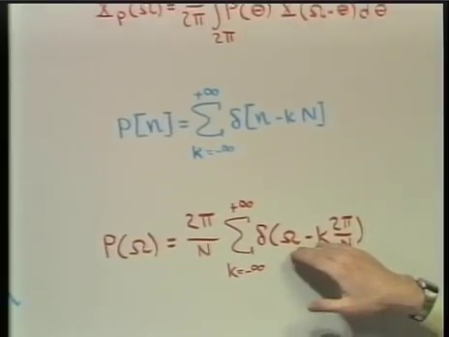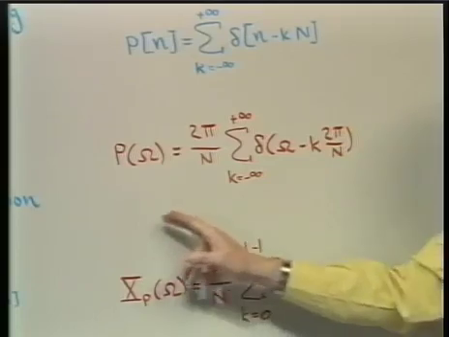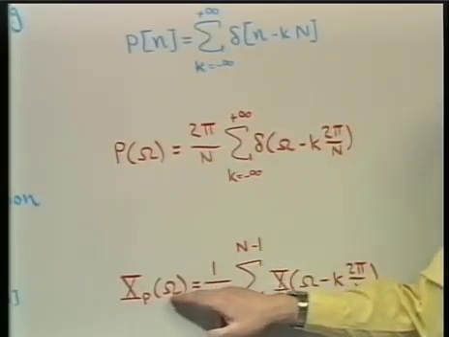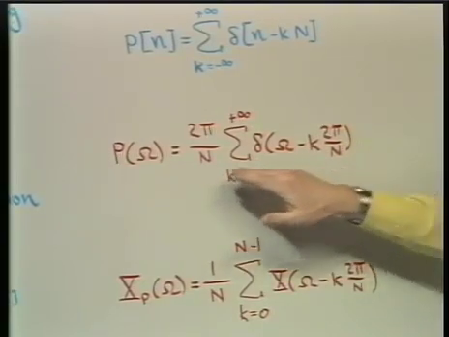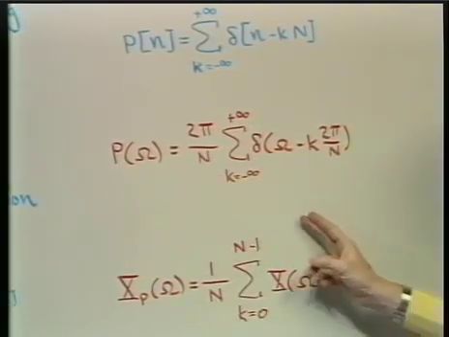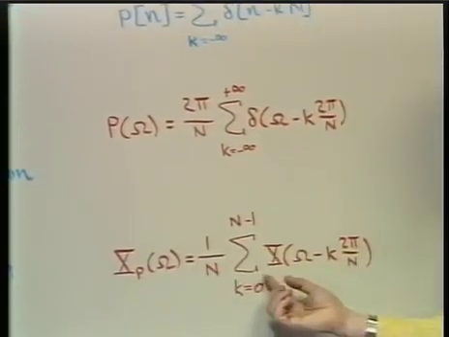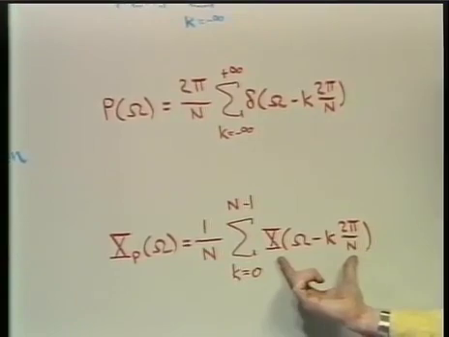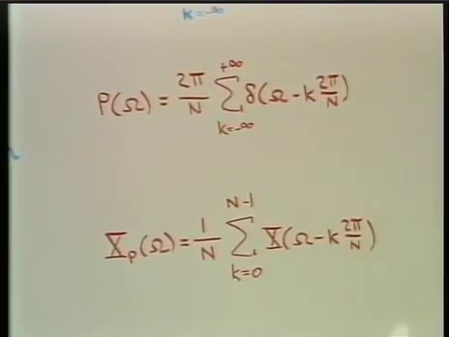And now, finally, the Fourier transform of the resulting sampled sequence, being the convolution of this with the Fourier transform of the sequence that we're sampling, gives us then a spectrum which consists of a sum of replicated versions of the Fourier transform of the sequence that we're sampling.